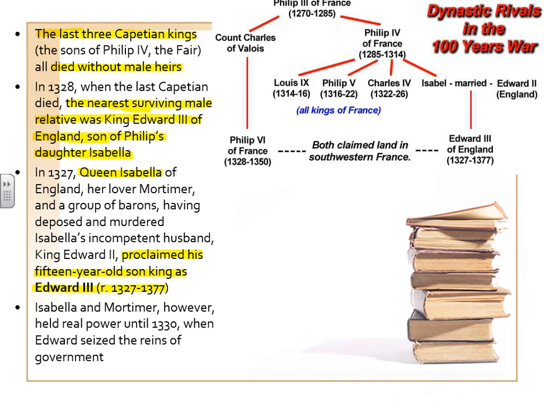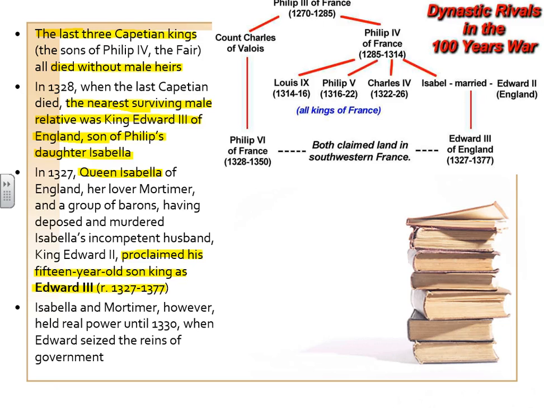Oftentimes, those advisors are going to be referred to as a regent, R-E-G-E-N-T. So his mother, Isabel, will be Edward's regent until he reaches the age of majority. And in this case, that's 1330.